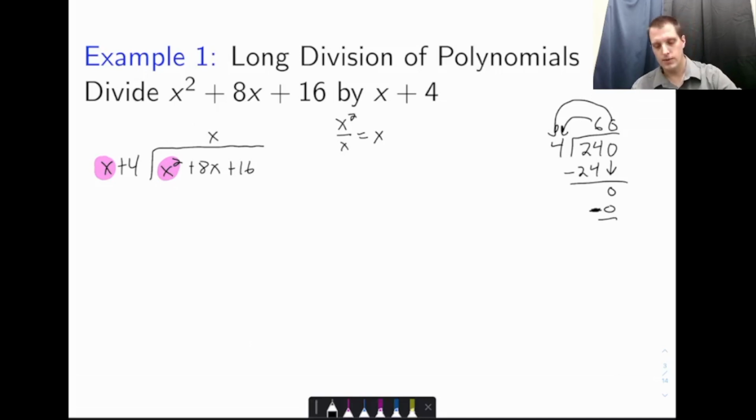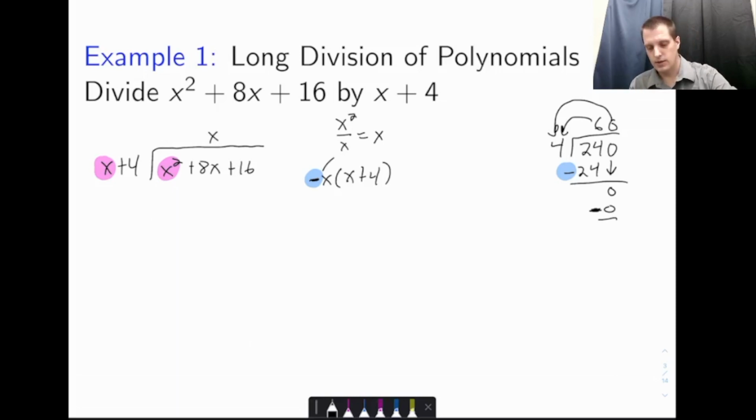Now what we need to do is multiply x by x plus 4. And because if you recall we need to subtract, I'm going to suggest we multiply by a negative x. Get that subtraction taken care of right now, so that way we don't forget and have some terms that subtract, some terms that don't do what they should.